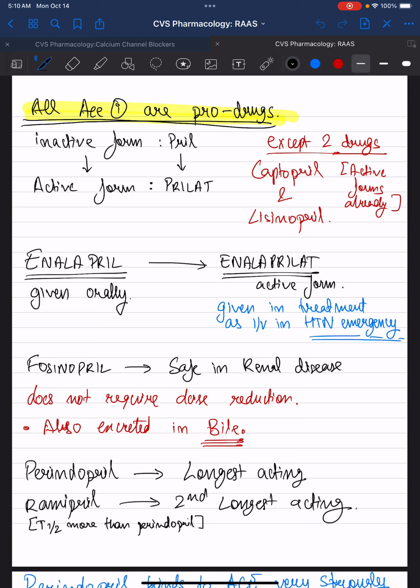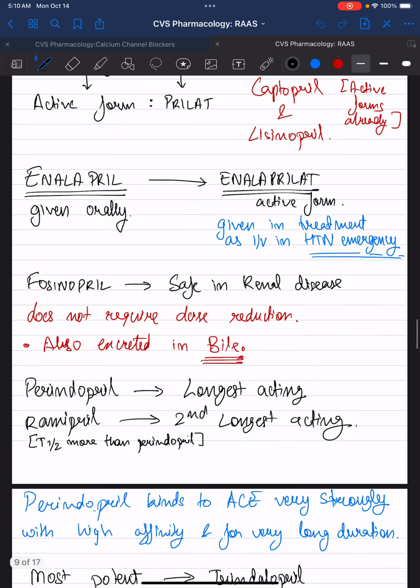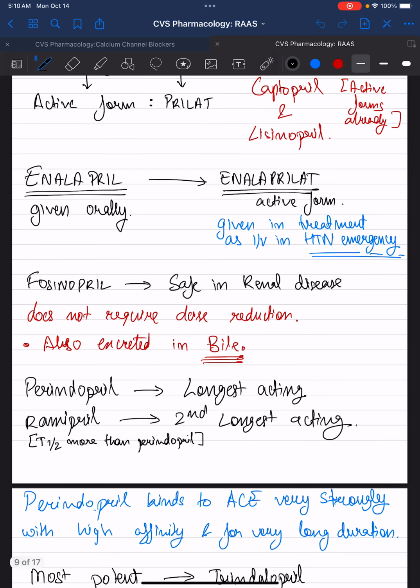As an example of conversion from inactive to active form, enalapril is given orally as an inactive form, but in the body it converts to enalaprilat, the active form. Enalaprilat can also be given as an intravenous drug in hypertensive emergency, but normally it is not given.